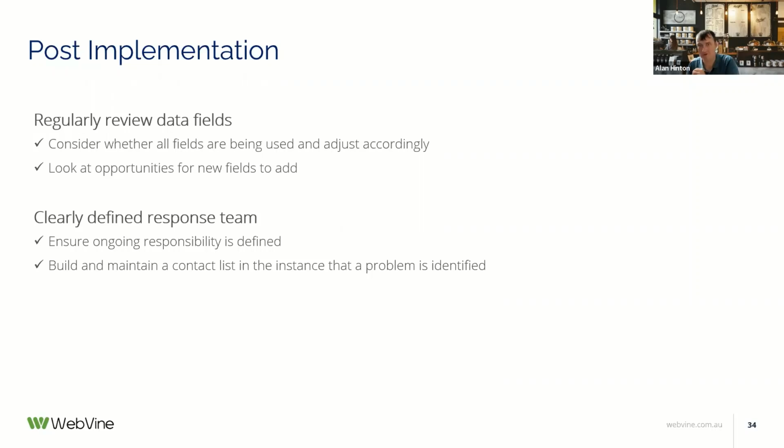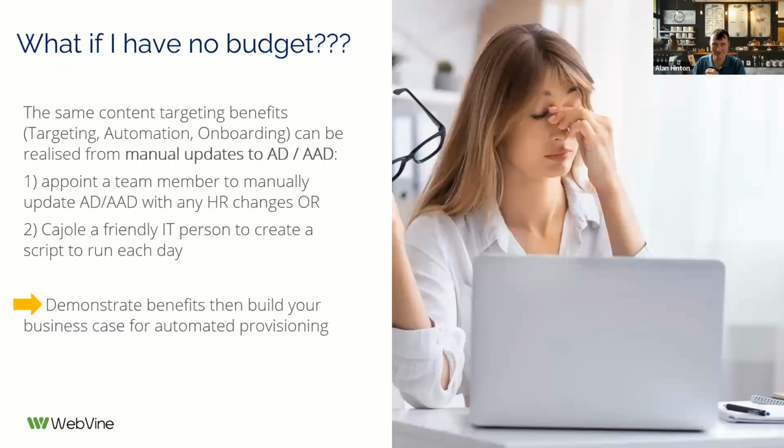Now, some of you may be thinking, what if I have no budget? Well, there is hope for you. You can think about a manual process. Maybe there's a person in HR that gets a little higher access. They're responsible for keeping that information up to date. So when an employee changes in the HR system, someone goes in and manually updates it. Do that for a while. Pretty soon you're like, wow, this is easy.